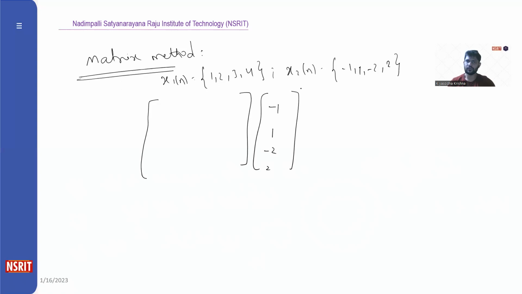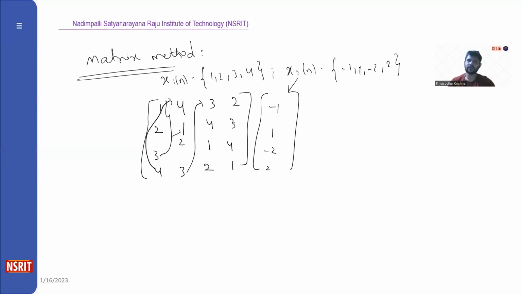This is the x2 of n. Where x1 of n just replace 1, 2, 3, 4 as this. Then 4 is the upper part, and as this you can write it as 1, 2, 3. Now 3 is the upper part, 3, 4, 1, 2, and then 2 is the uppermost, 3, 4, 1.